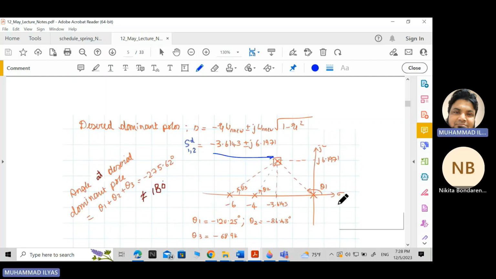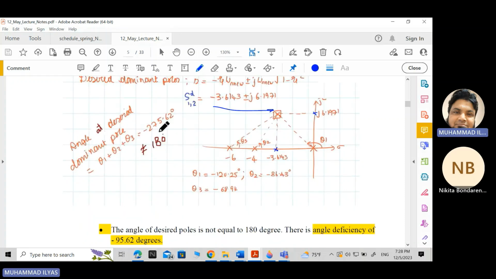Again, -3 real part is here, imaginary part is here. We can calculate theta 1, theta 2, theta 3 easily, right? With right angle triangles. So if you calculate these things, the angle of the desired pole is -275.